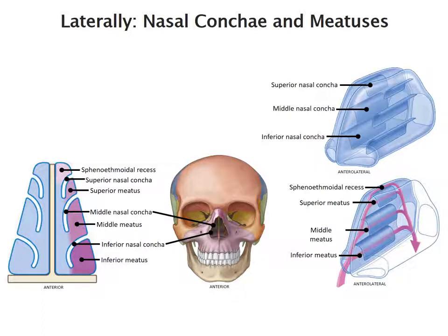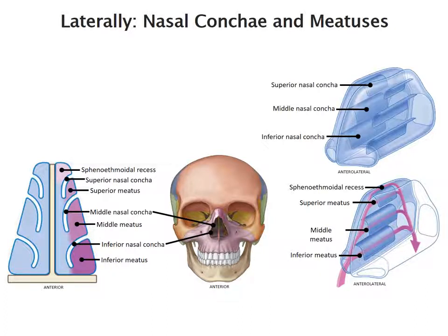The inferior nasal concha is considered to be its own bone. These concha are sometimes referred to as turbinates. These turbinates help to increase the surface area of the nasal cavity to allow for humidification, filtration, and temperature regulation of the air we breathe. The longer the air stays within the nasal cavities, the warmer and more humidified it becomes.